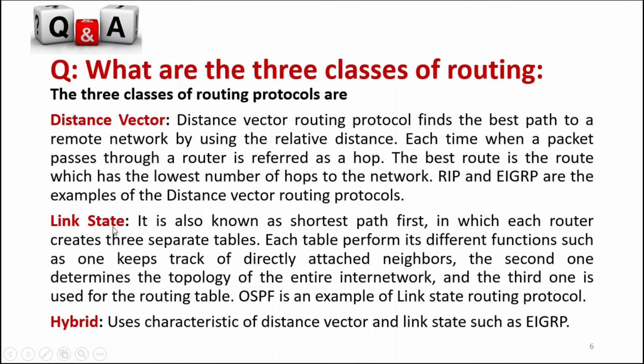Link state is also known as shortest path first, in which each router creates three separate tables. It means it creates a database consisting of three tables. Each table performs a different function: one keeps track of directly attached neighbors, the second determines the topology of the entire network, and the third is used for the routing table.